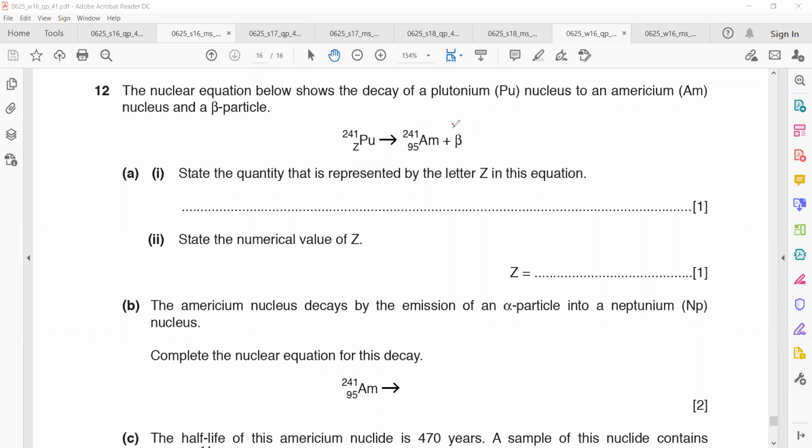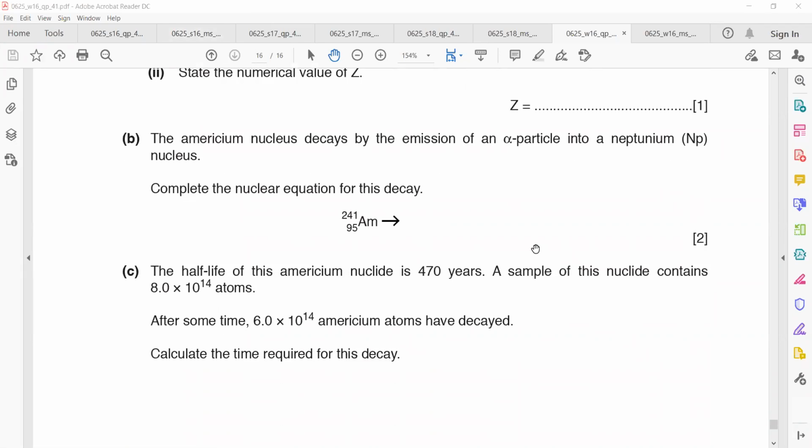Because it is a beta particle, and a beta particle is 0 and minus 1. What is 95 minus 1? Beta is an electron, so when beta is emitted, the proton number increases by 1. That is why Z should be 94.